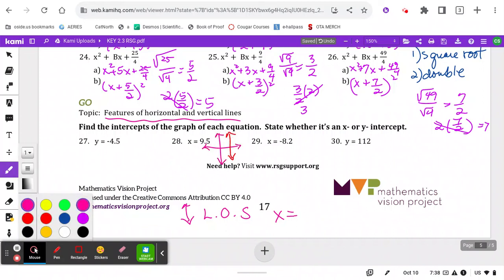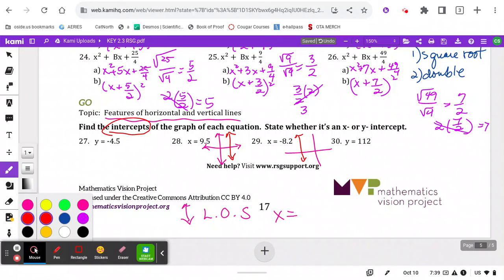And then picture this one over here, going down somewhere over here, x equals negative 8.2. Well, for an x equals vertical line, it's asking you to find the intercepts of the graph of each equation.